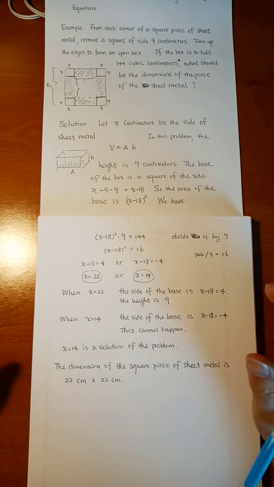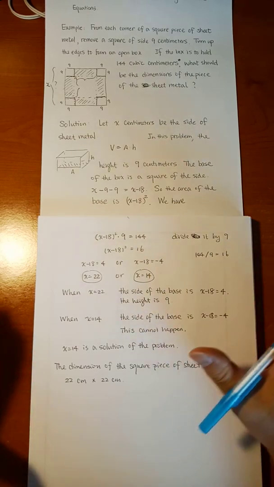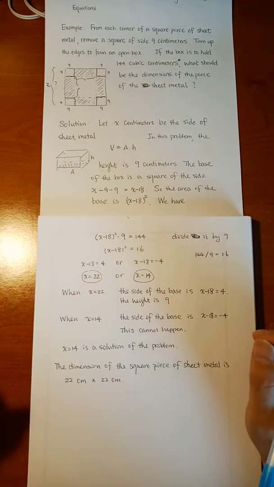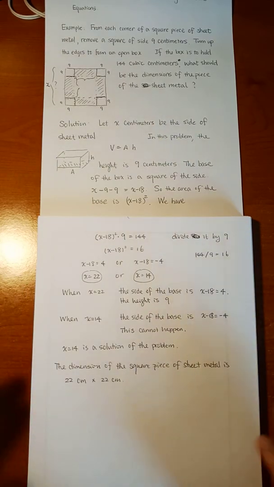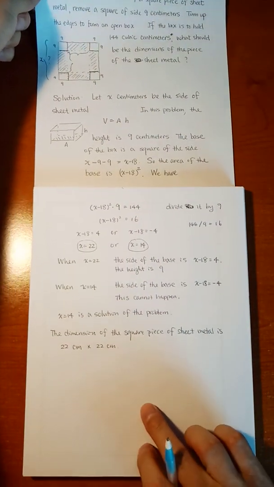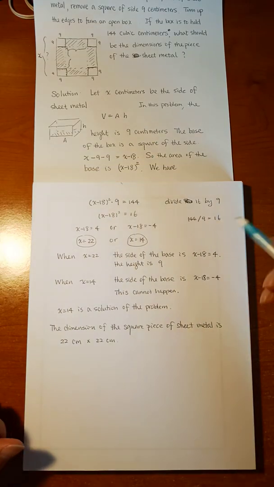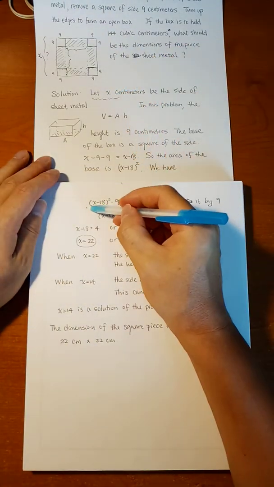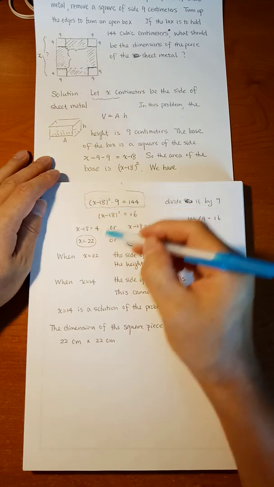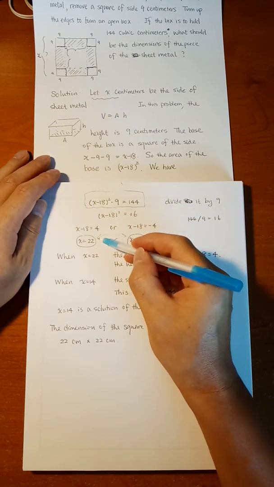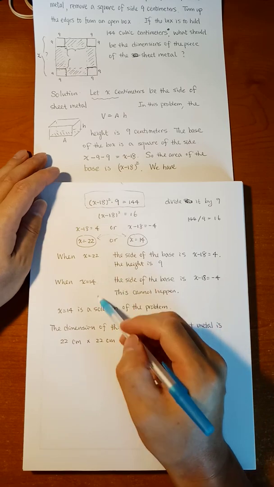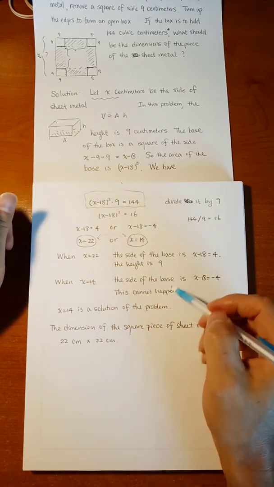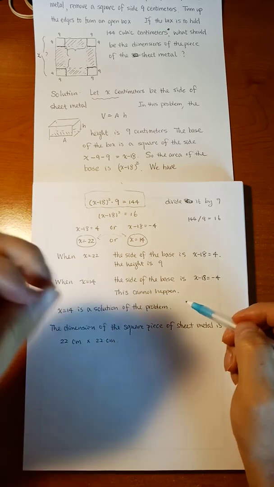Of course, I write several sentences, which may not be necessary when you answer the question in the exam. I just try to make this answer as complete as possible. So in the exam, you need to set up the variable. You need to figure out the equation. You should be able to solve the equation, and you have to verify it. Sometimes not all the solutions of the equation are the solutions of the problem. So we have two things.